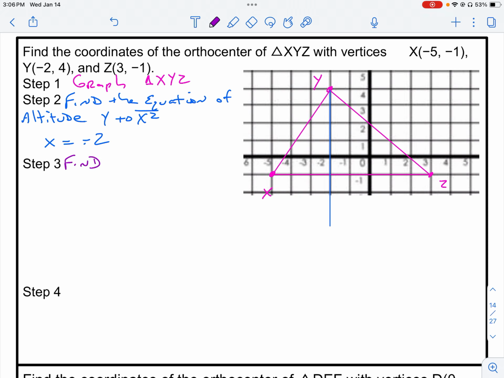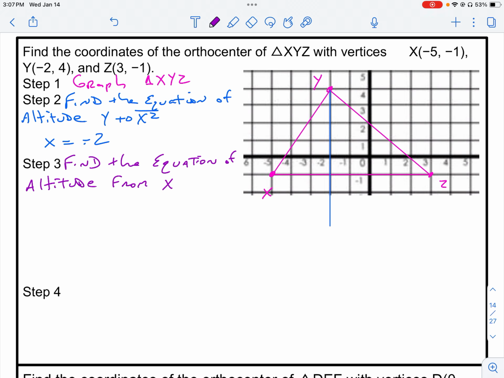Then we're going to find the equation of a second altitude, because then we can do a system of equations to find where the two lines meet. That has to be our orthocenter. So we're going to find the equation of the altitude from, so now it doesn't matter which one we pick, although looking at them, I can tell that YZ is going to be a slope of -1.